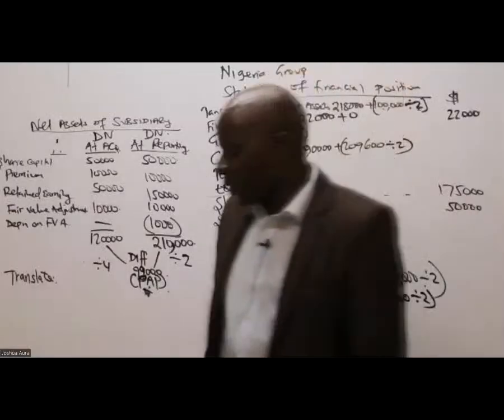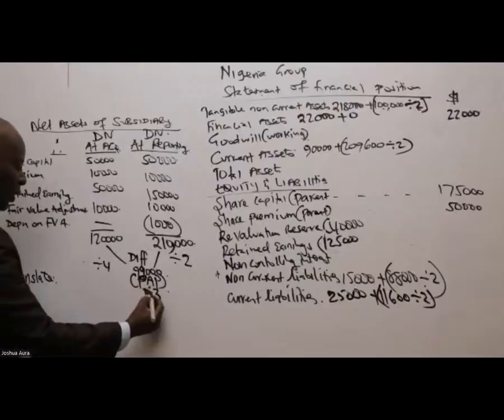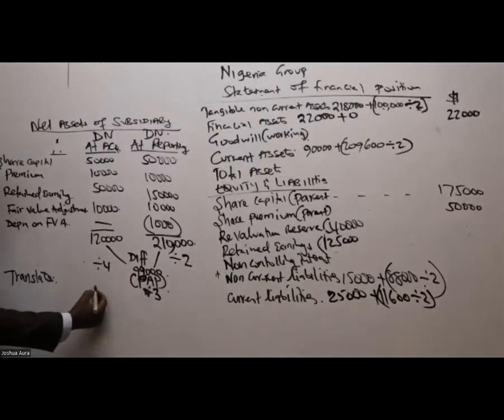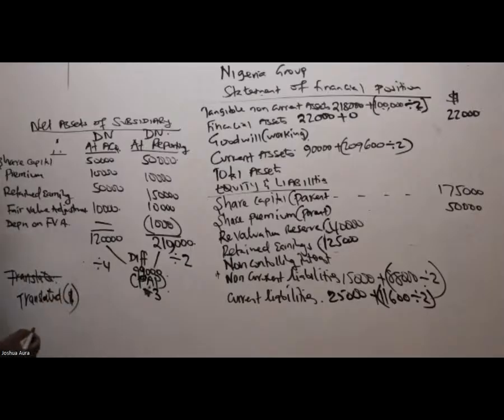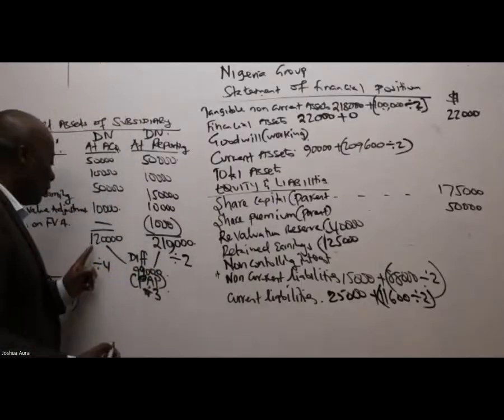So could you kindly give me these translated figures? Give me the net assets at acquisition, how much I write here. I want to write the translated figures here, translated using different rates. Now I'm talking of dollars. So what is 120 divided by 4?